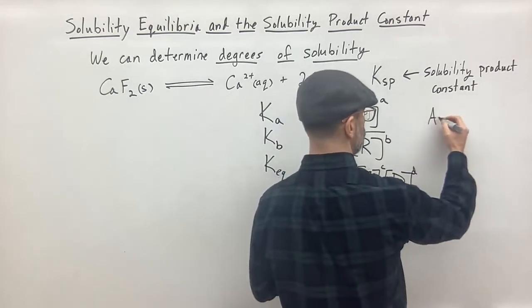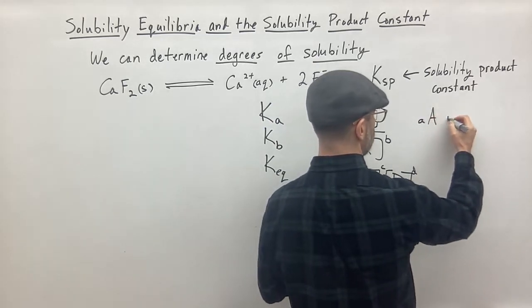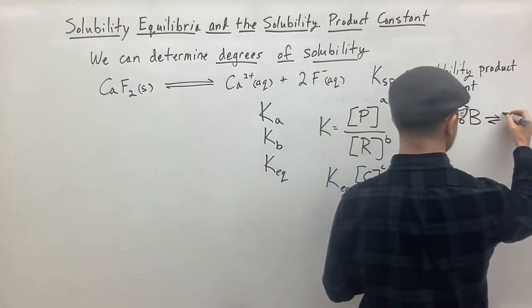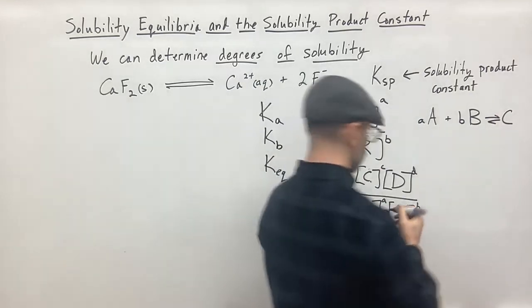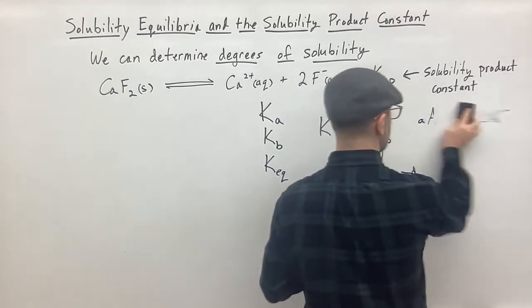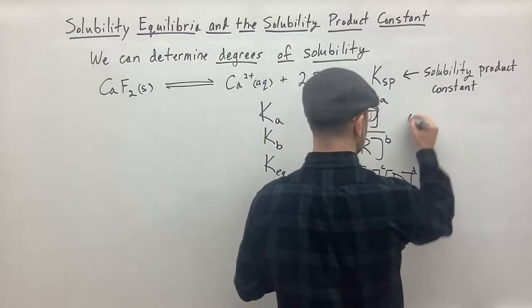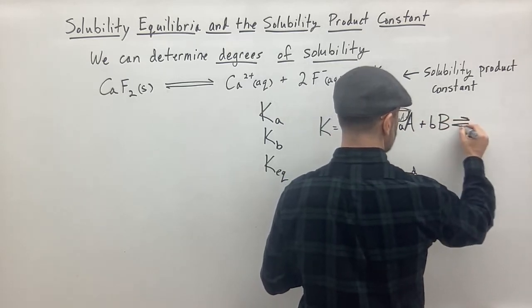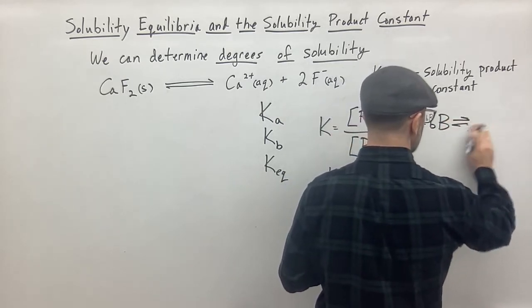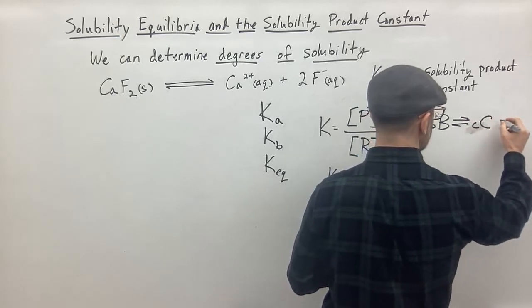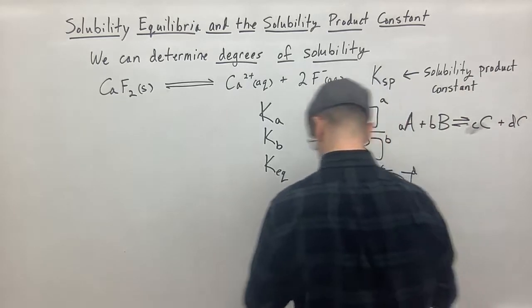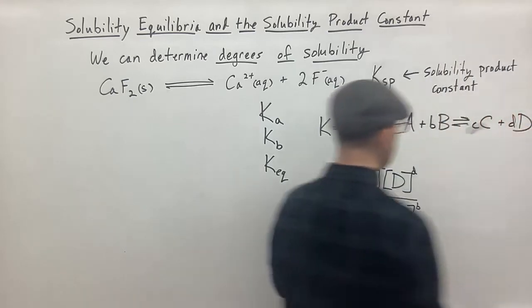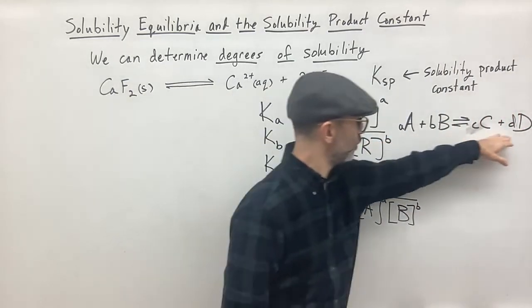So the general equation would be little a A plus little b B in equilibrium with little c C plus little d D. And so there's the general equation.